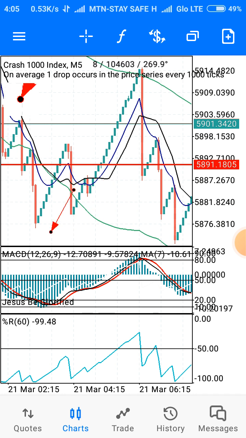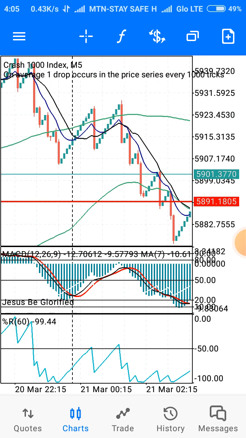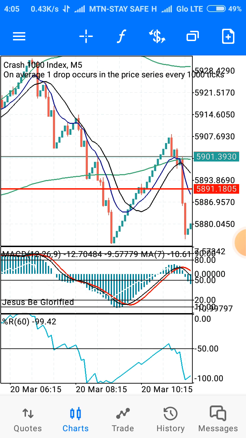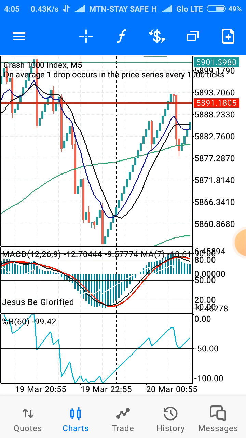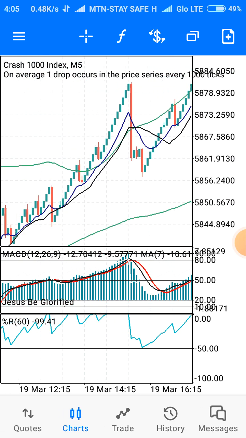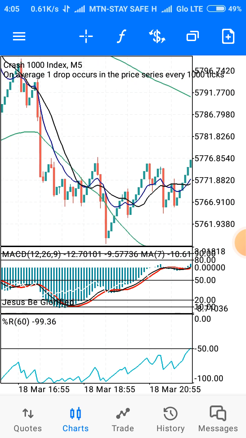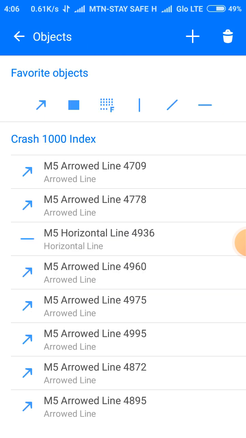It's all over the place. You can see it here. Here we have another one, and then you see how it plays out judiciously. So this pattern is pretty simple and it works.